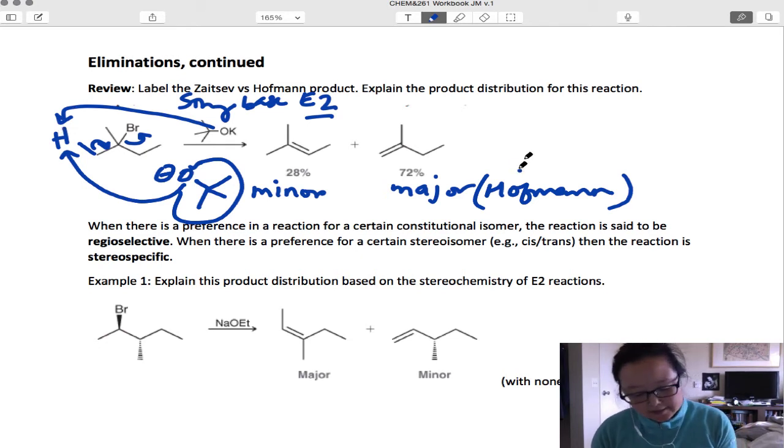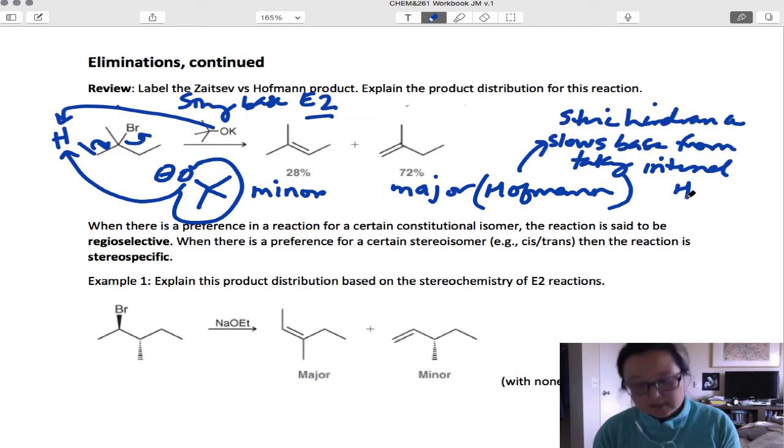So that's due to steric hindrance. So I'll put a note here: steric hindrance slows a base from taking the internal hydrogens, which would have to be here, okay? Right, so this is called regioselectivity because the base is bulky, so it prefers this hydrogen or this region of the molecule as opposed to this region here.